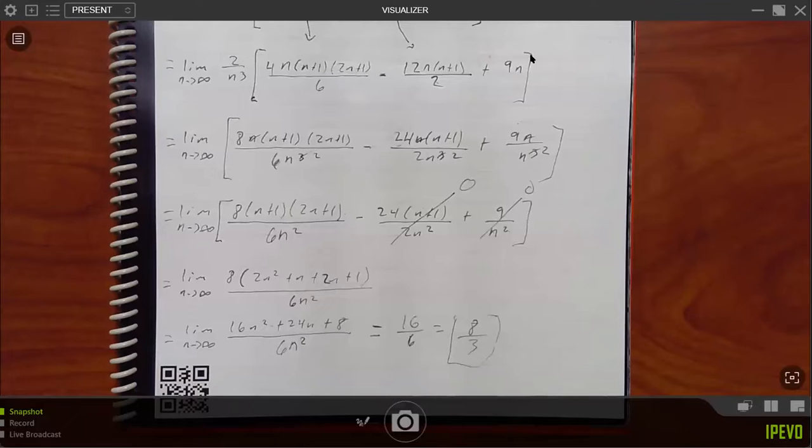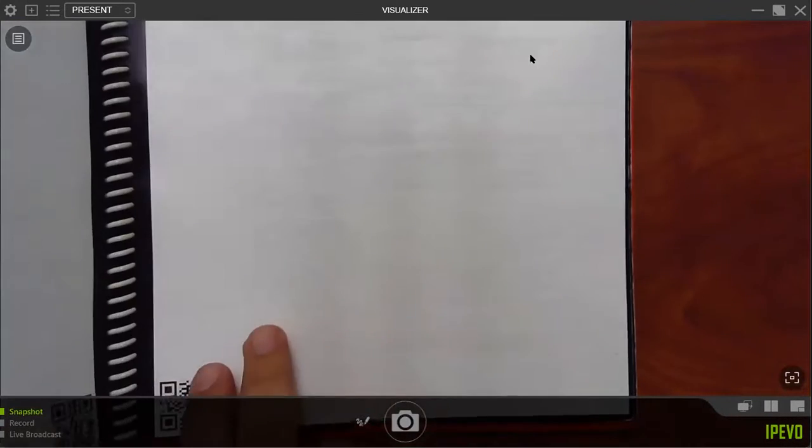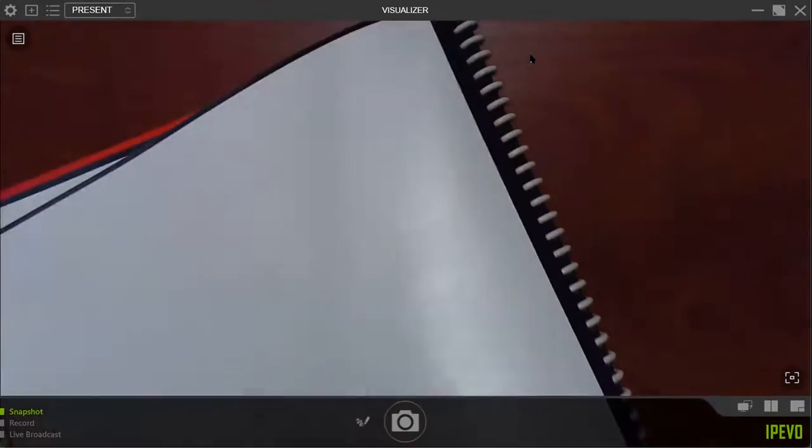Well, let's move on to 5.4 then. You guys are good on 5.2? You guys cool on that page though?